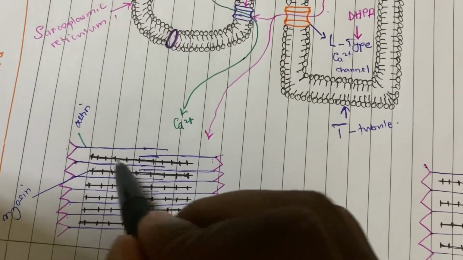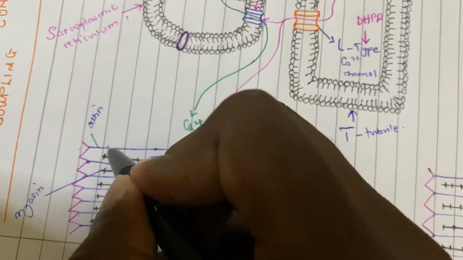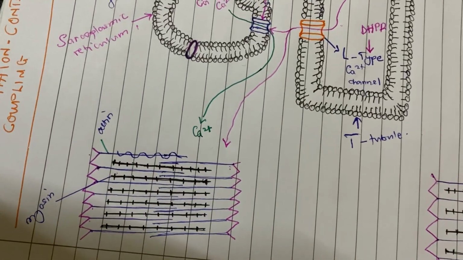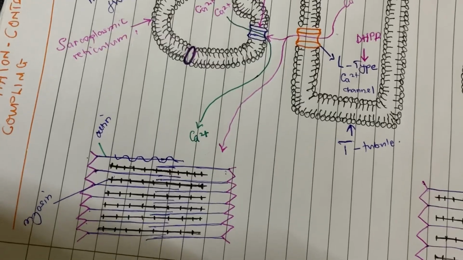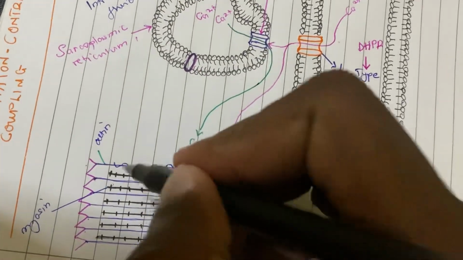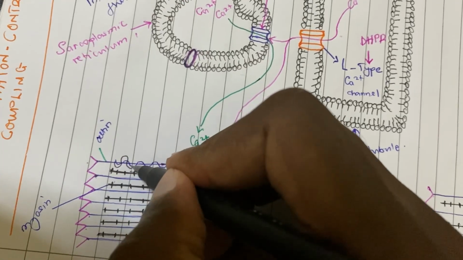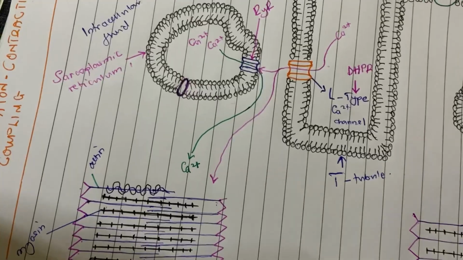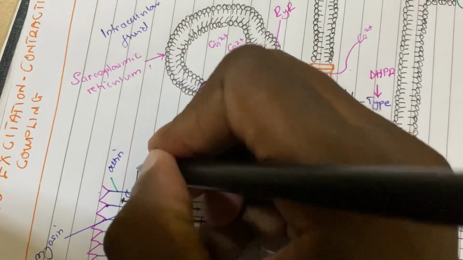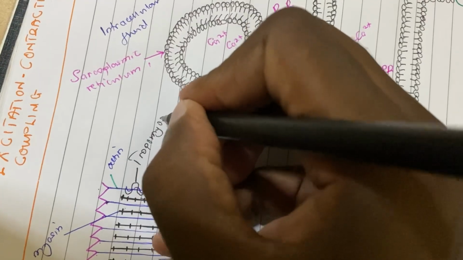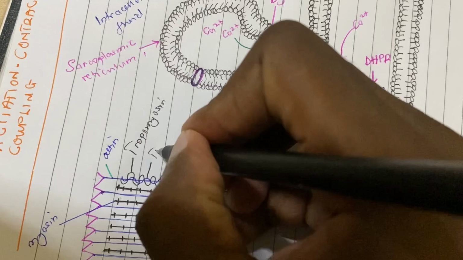Now around the actin we have other proteins, two of them. This one in black, surrounding the actin, has to be tropomyosin, and another one in blue is troponin.